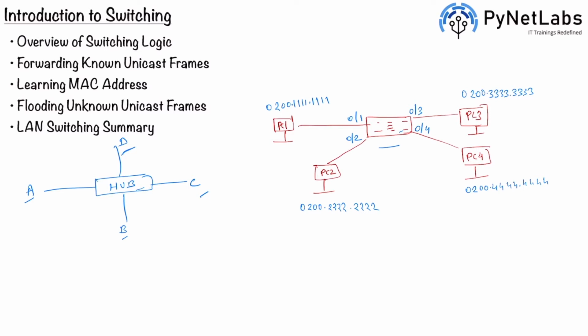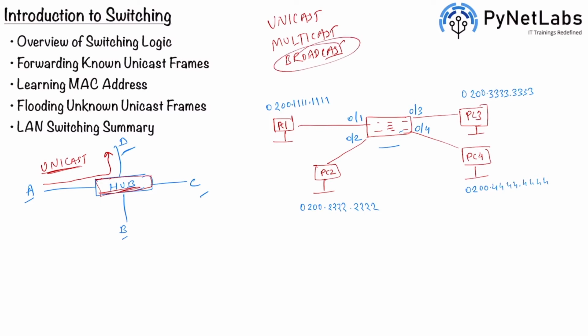So if A in this scenario wants to send data to D, then the hub couldn't do that, because that transmission would be called unicast forwarding. If we talk about the types of communication you can have, you have unicast, multicast, and broadcast. The hub only had the ability to do broadcasting.